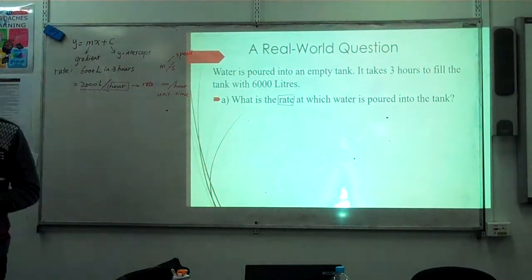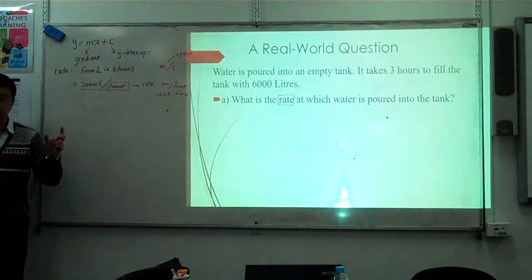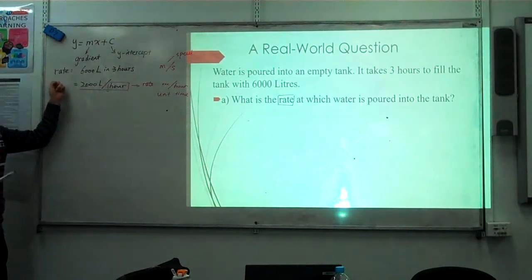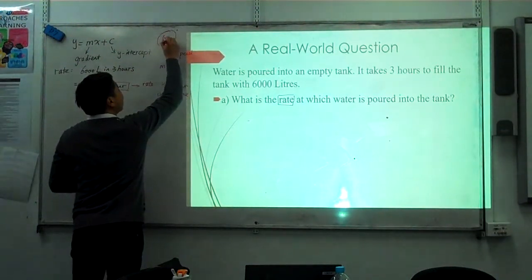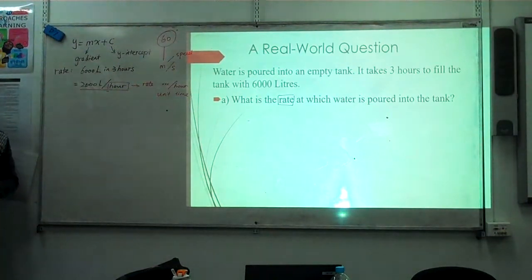And you can always see that in your real life. For example, could you tell me the common speed limit you can see on the road? 60? 80? Alright, they are all right. Okay? So if you see 60, what does 60 mean? $60 or 60 meters?